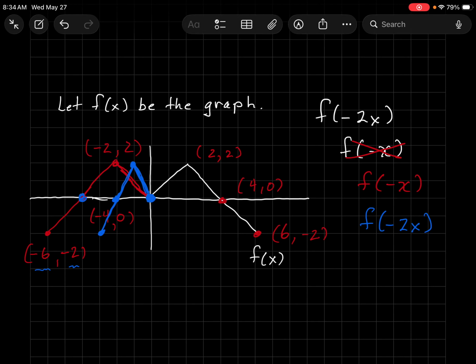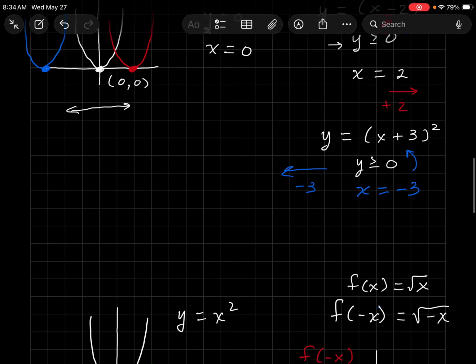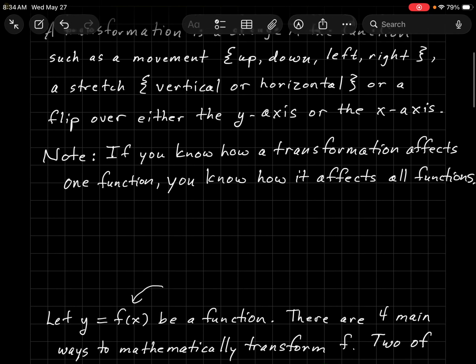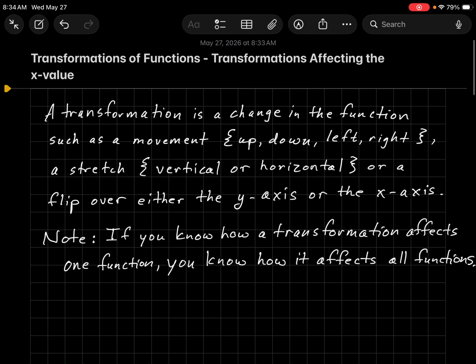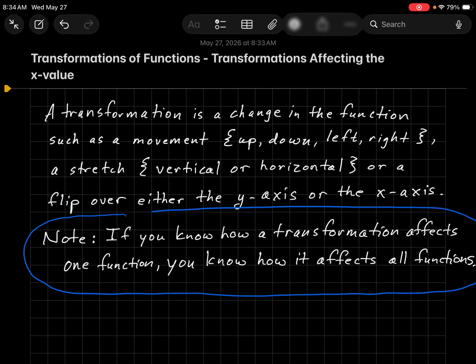So recall that when you're doing transformations, and this is one of the most important things I want you to get out of this. Note that if you know how a transformation affects one function or any function, you know how it affects all functions.